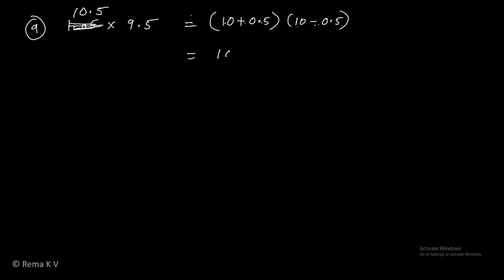This can be written as 10 square minus 0.5 square. So this 10 square is 100 minus, what is 0.5 square?